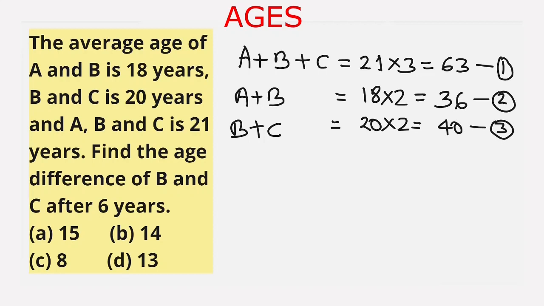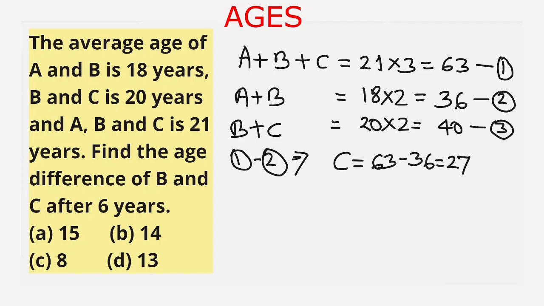Now, if we subtract the age of A and B from the age of A, B and C, we get the age of C. So, equation number 1 minus equation number 2 gives us the age of C is equal to 63 minus 36, which is 27 years.